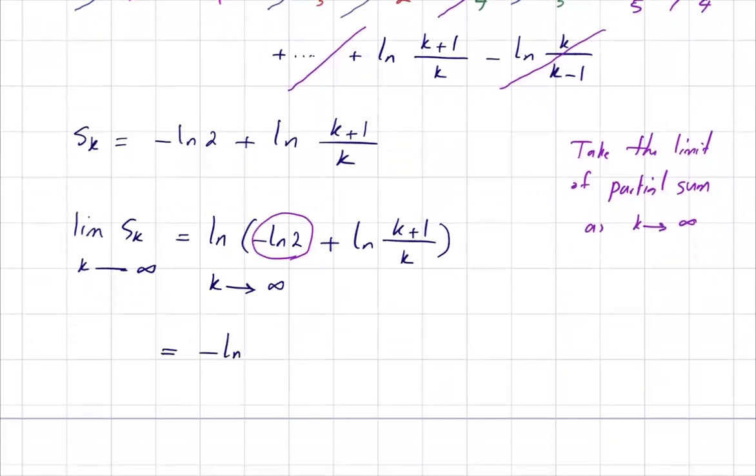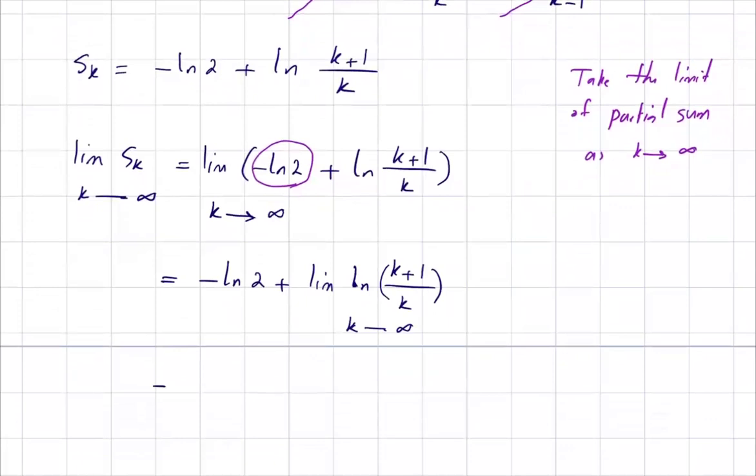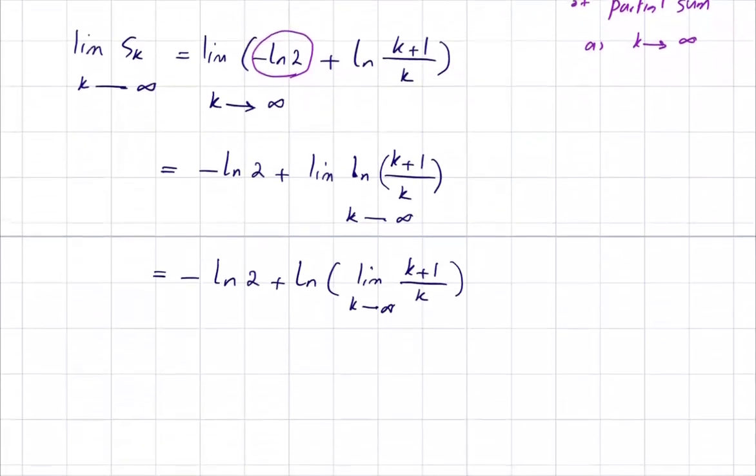You have negative ln of 2 plus the limit of ln of k plus 1 over k as k goes to infinity.